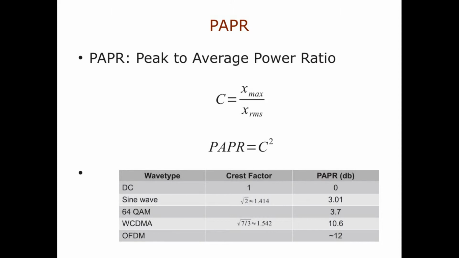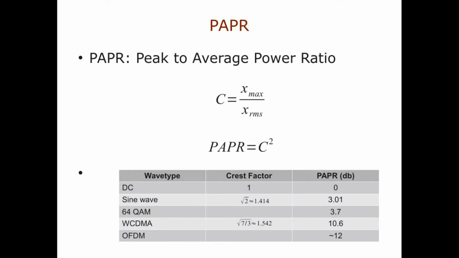And the crest factor is nothing but the root of the PAPR, or we can write the crest factor in terms of the amplitude, which is the maximum over the RMS, and the PAPR is C squared. So the square of the amplitudes will give you the power, and that is why the peak to average power ratio, or PAPR, is C squared.